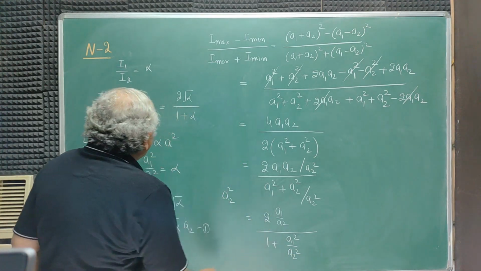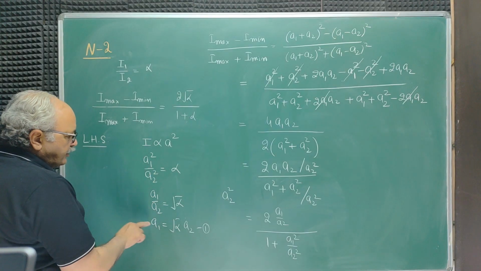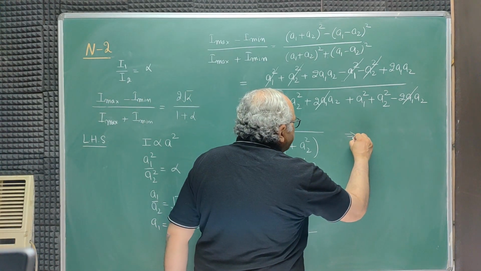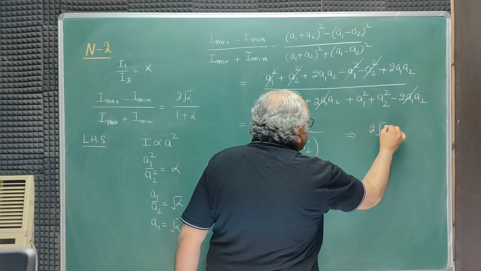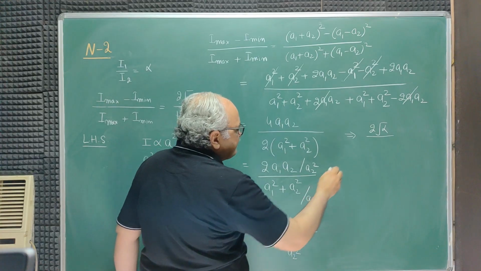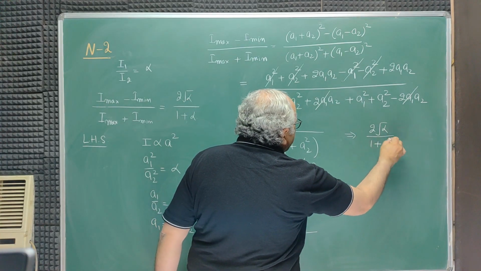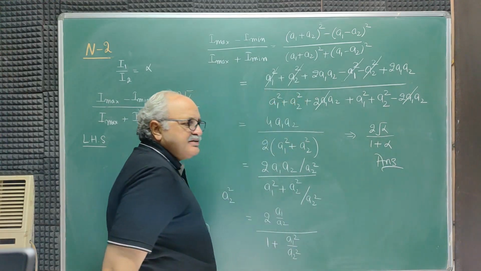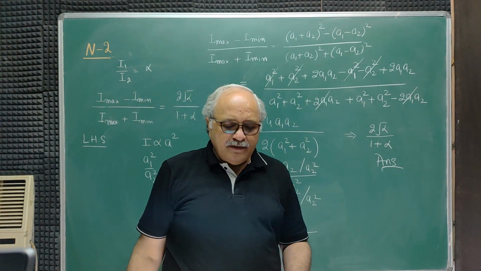A1 by A2 we have already calculated as under root alpha, so replacing will give twice under root alpha, divided by 1 plus A1 square by A2 square, and that is equal to alpha. So we have our answer as required in the numerical.